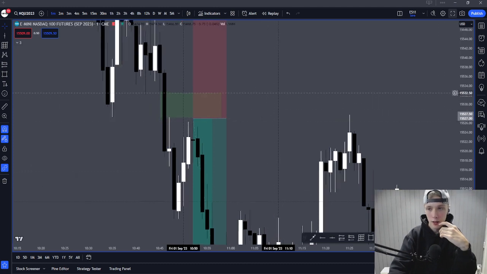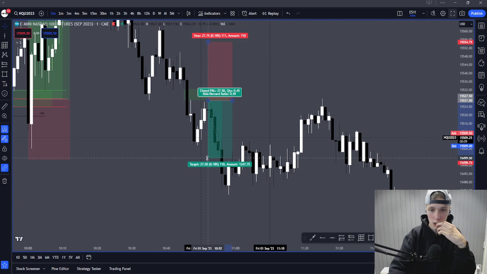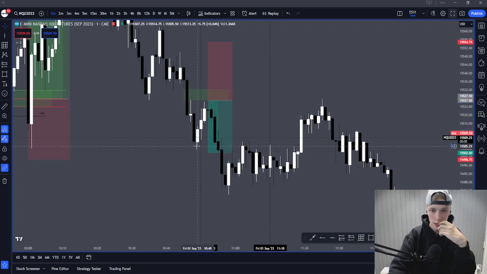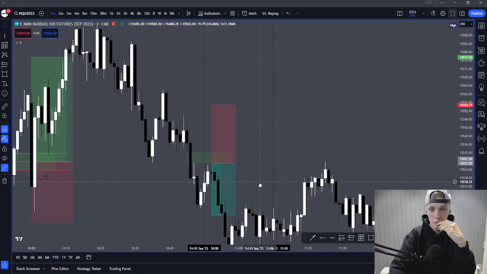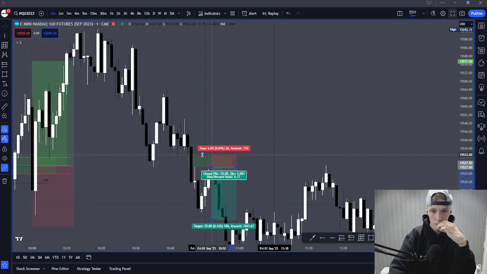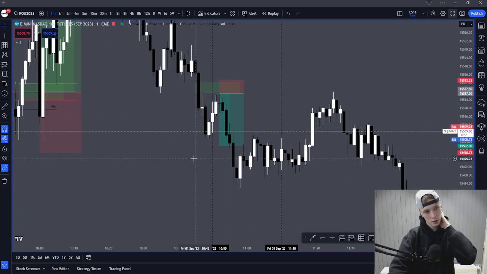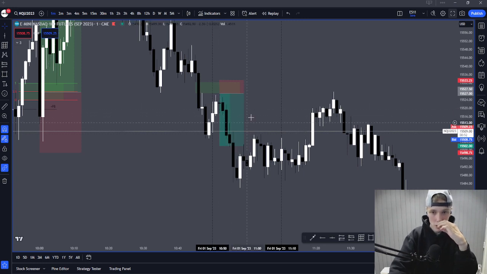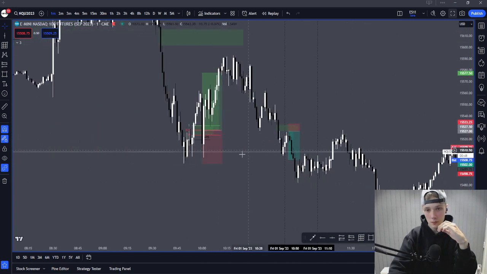It barely taps the fair value gap. I get filled. I aim for 100 ticks flat. My stop is just above the fair value gap, 25 ticks, 4 RR. So this was one micro trade, so that was plus 500. But yeah, that's what I do.